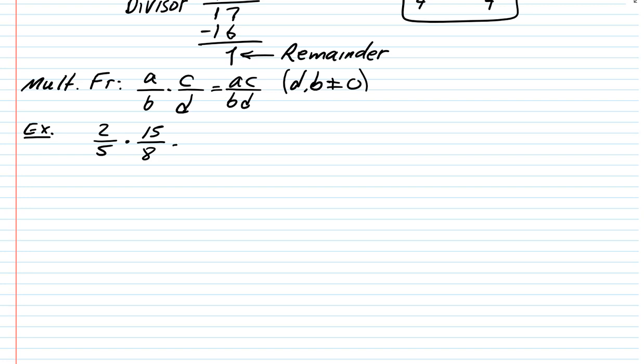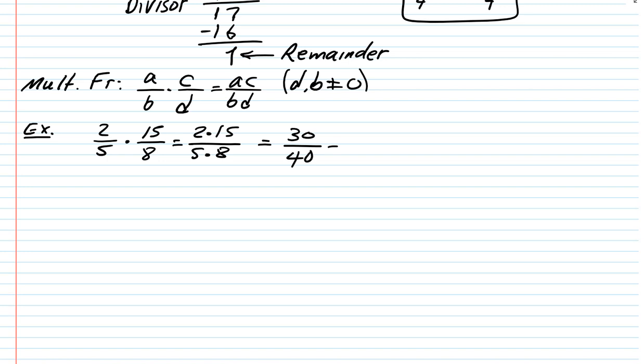So we can multiply the tops and multiply the bottoms. 2 times 15 over 5 times 8. Now I could multiply these. There you go. I just did 30 over 40, and simplify or reduce this fraction.